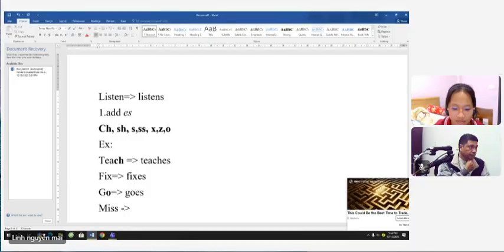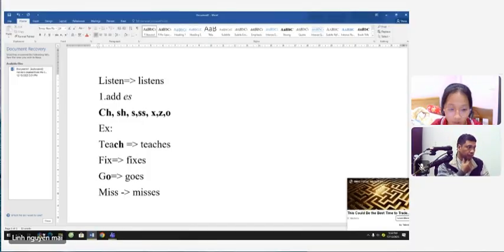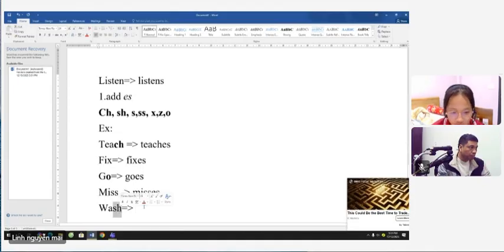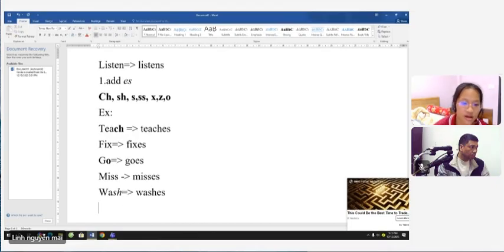It will become misses, or washes. Here we will put es, so it washes. Okay, here's some examples about this one.